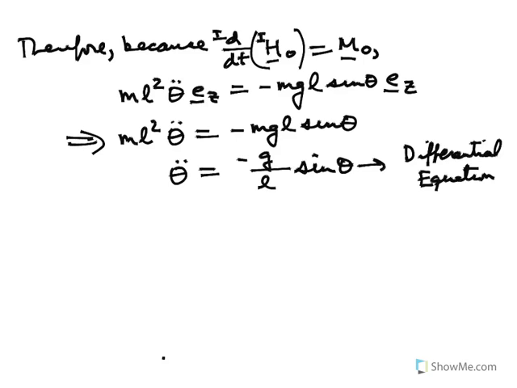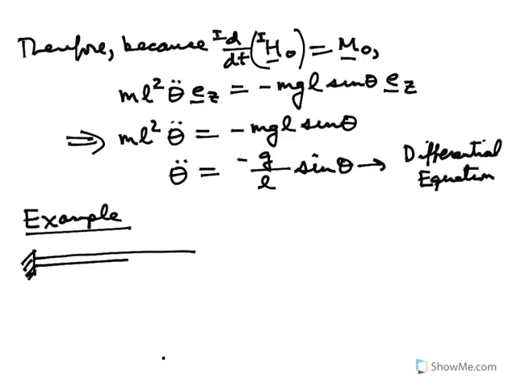Now, let's suppose that we add a little bit more complexity to this. We're going to have another example. In this example, we're actually going to change the simple pendulum problem a little bit. But that little change is going to make a big change to the manner in which we actually have to do these calculations.